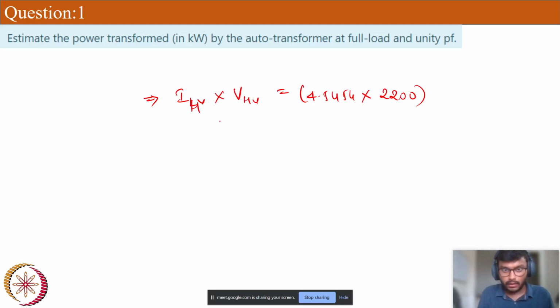It is 9,999.88, in watts. So it's 9.99 kilowatts.